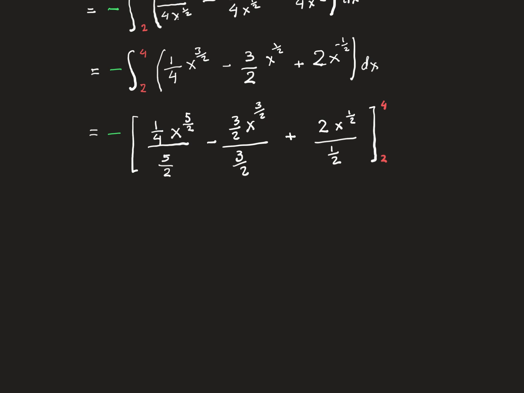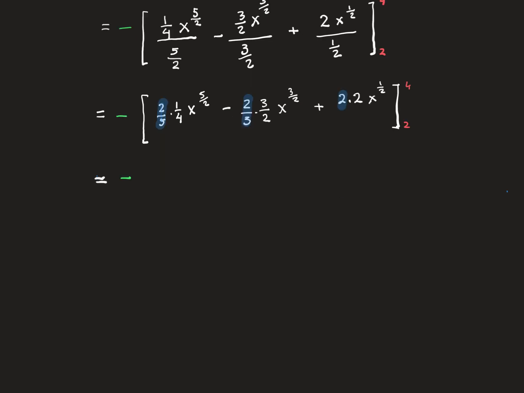And then at the end, we must give the x coordinates. So I'll continue this simplification process before I start substituting 2 and 4 in here. I inverted the denominator fraction so that I could multiply it with the numerator. And so I think my final simplification will be this. So frankly, I can use the calculator, but I don't want to, so I'm going to rewrite those powers differently.